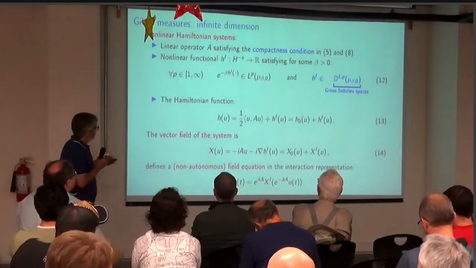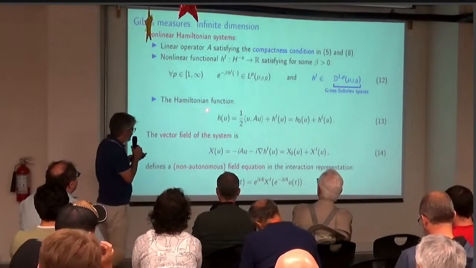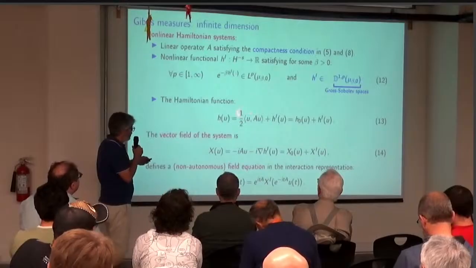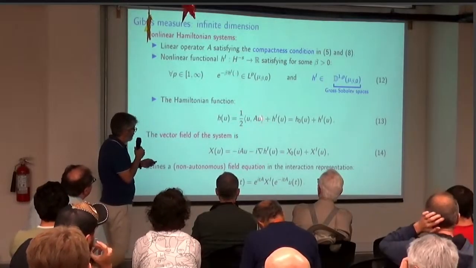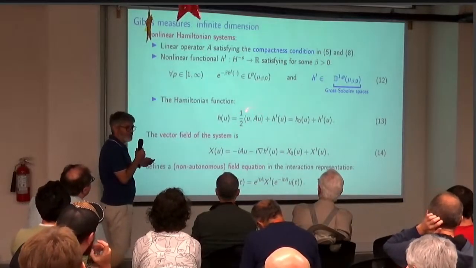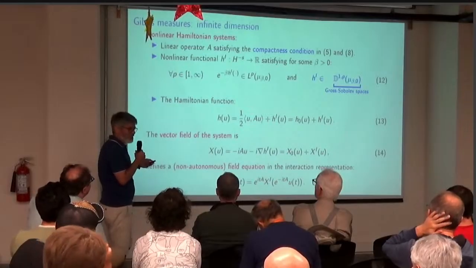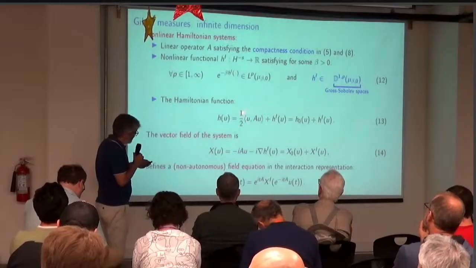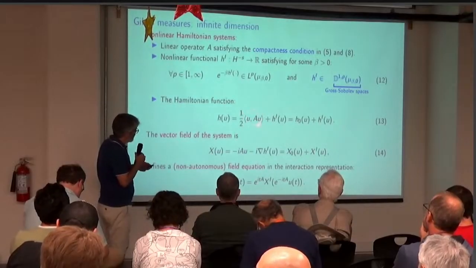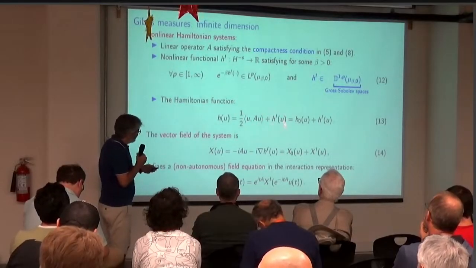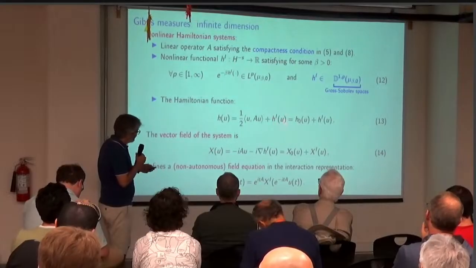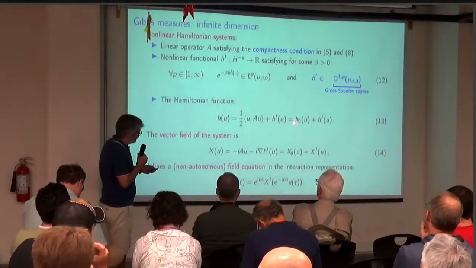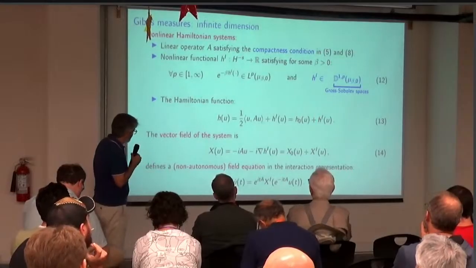Let's focus a little bit on the Hamiltonian function in infinite dimension. This is the free energy, but I should not use that term from statistical mechanics. So this is the linear or unperturbed energy, and this one is the nonlinear one, so it is divided into two parts, H0 and HE.